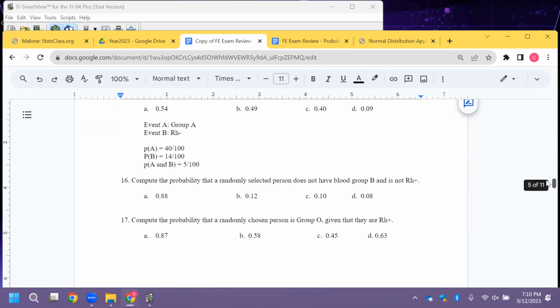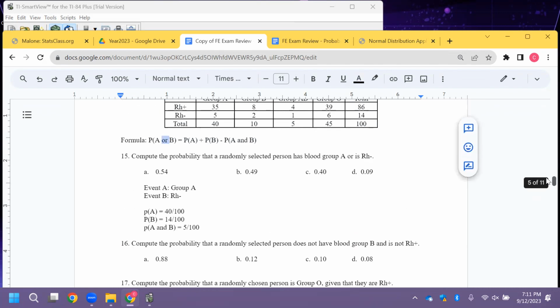Compute the probability that a randomly selected person does not have group B and is not Rh positive. Okay, does not have group B and is not Rh positive. Probably could do this with just crossing things off in a table. Let's see if we can do it that way.